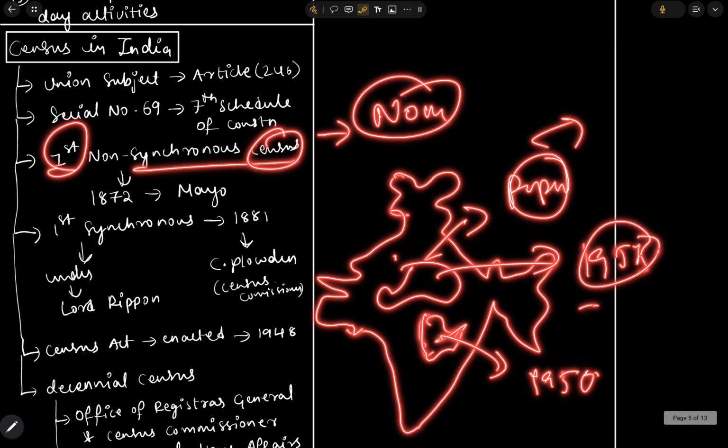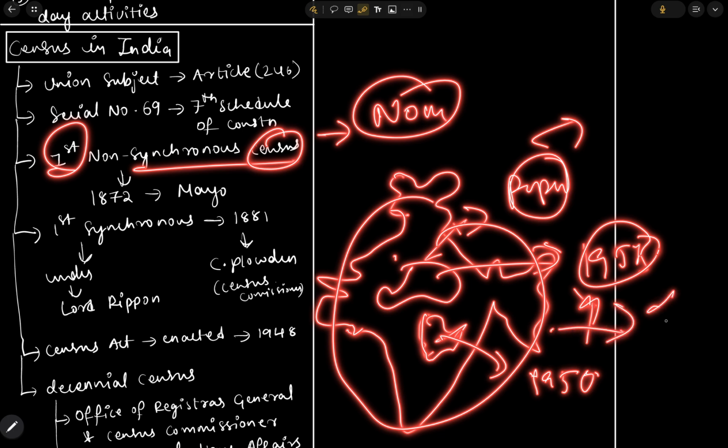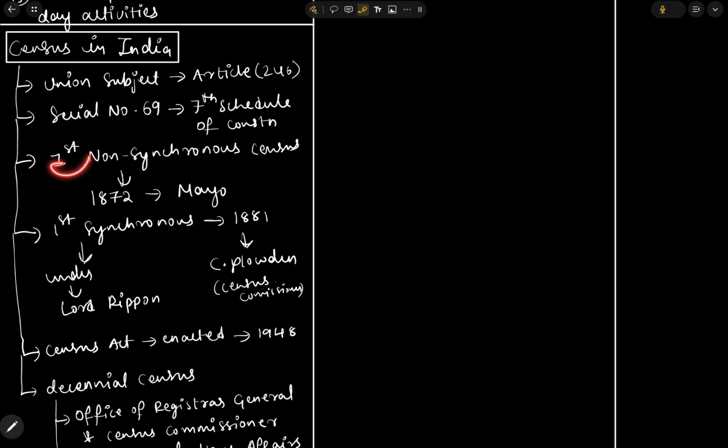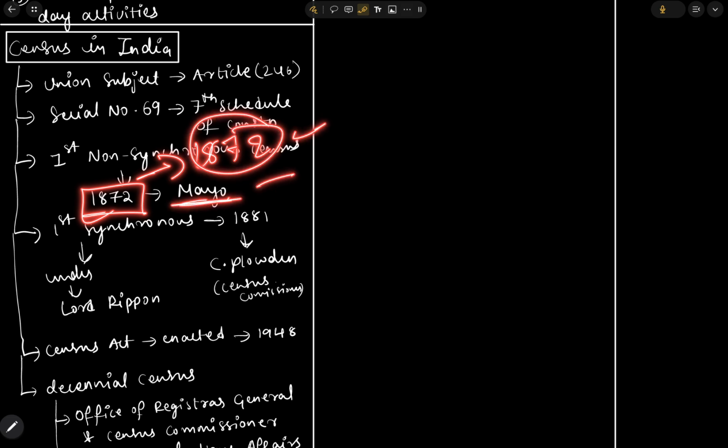So the census in our nation was happening in different time periods, which is known as a non-synchronous census. The first non-synchronous census happened in 1872 under Mayo.